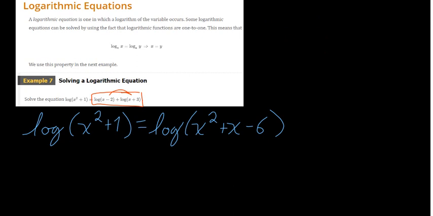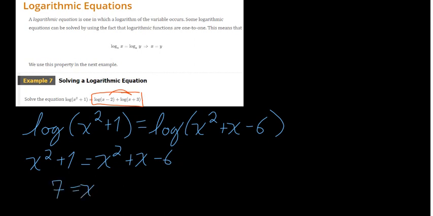Okay, and then from here, all we have to do is equate my arguments. So I'm going to have x squared plus 1 equal to x squared plus x minus 6. This looks pretty easy. The x squared is going to cancel, and I'm going to add 6 to both sides, so I have x equal to 7.